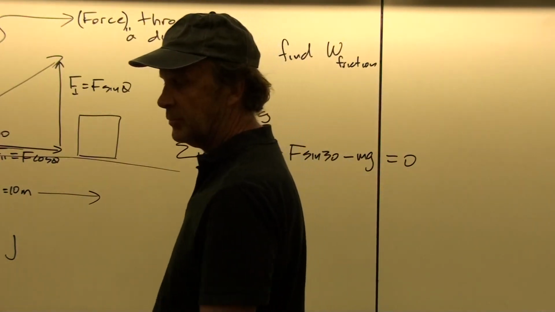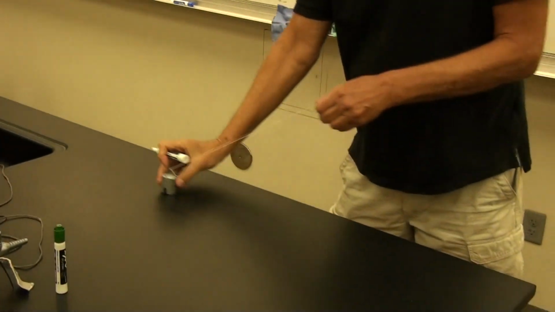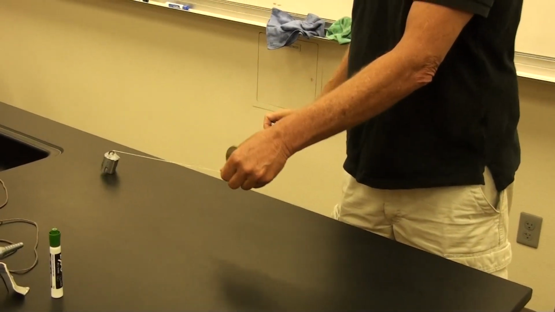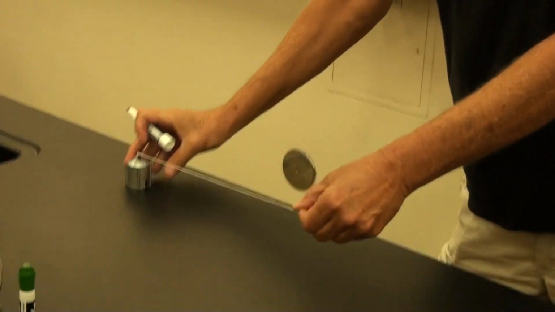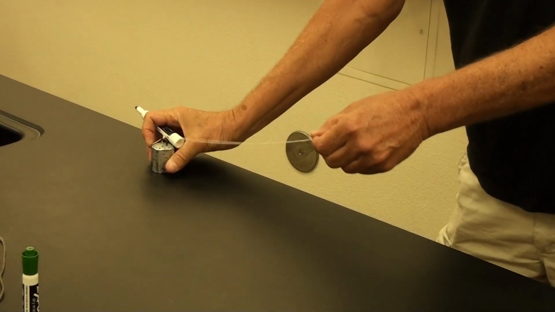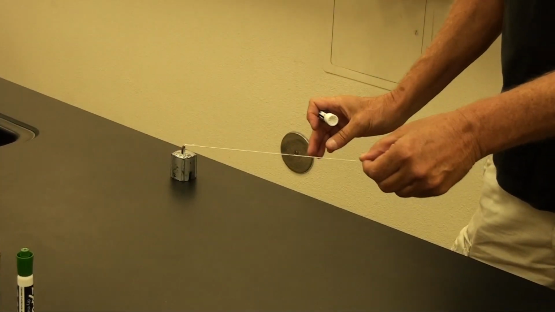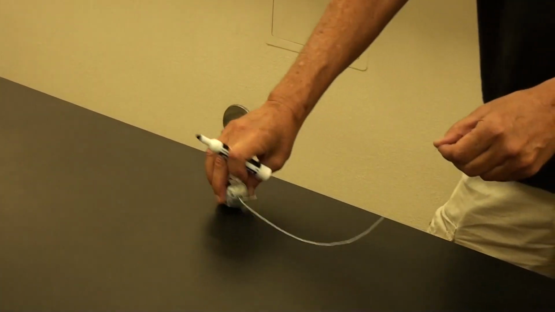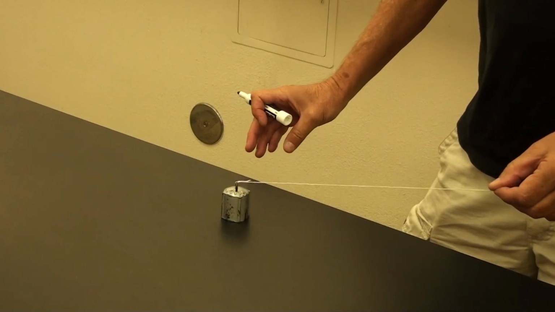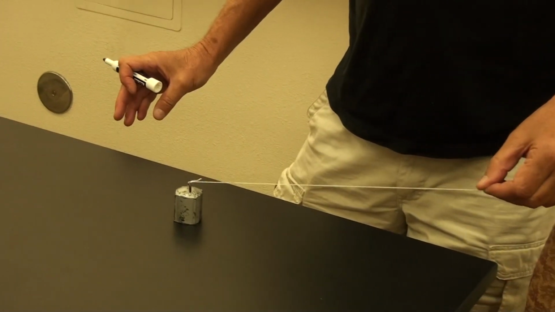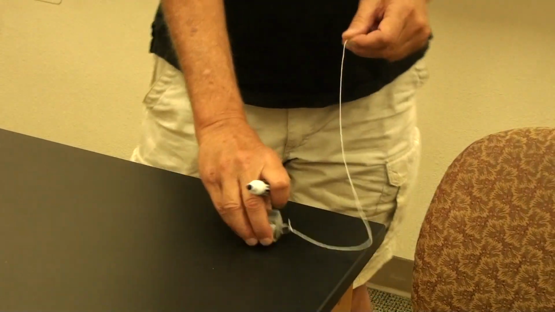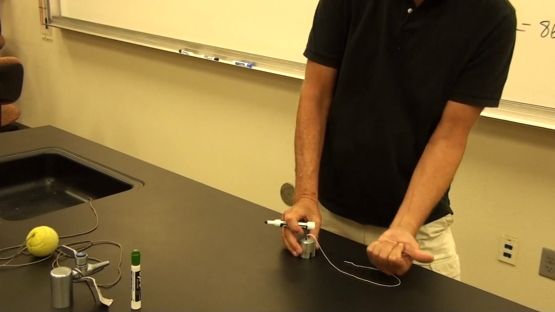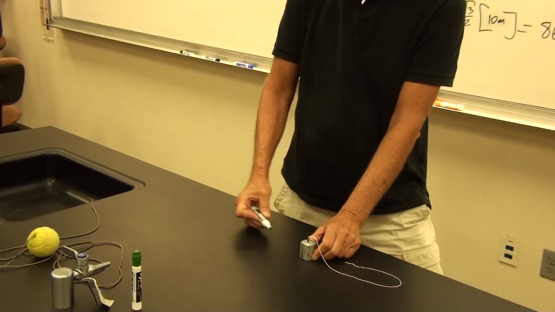Okay, and this is a more realistic problem then, one in which as I pull this thing along the surface, not only do we have the force applied to the right, which has the F cosine theta component, but we also have the friction force.